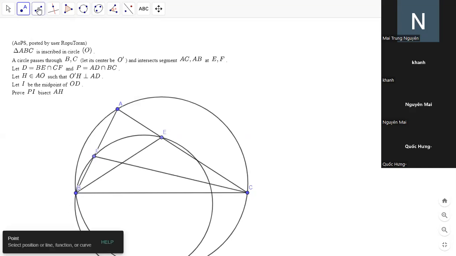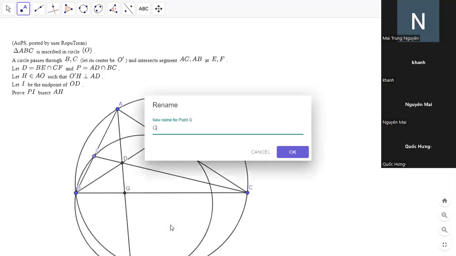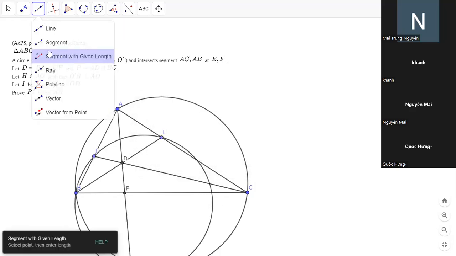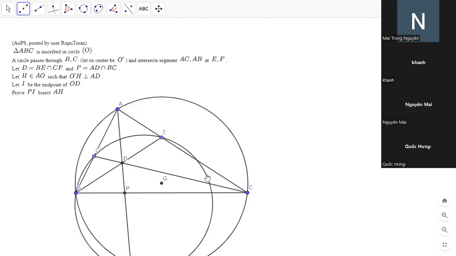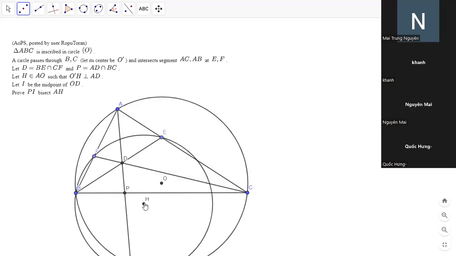And then P is the intersection of AB and BC. So this is P. And H is on AO. So here's where I got to draw the centers. So this will be O and O prime. Isn't a small circle supposed to pass through C?